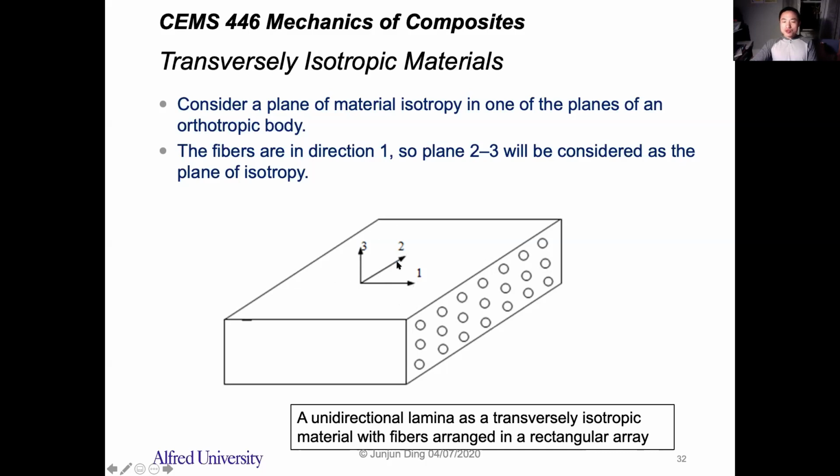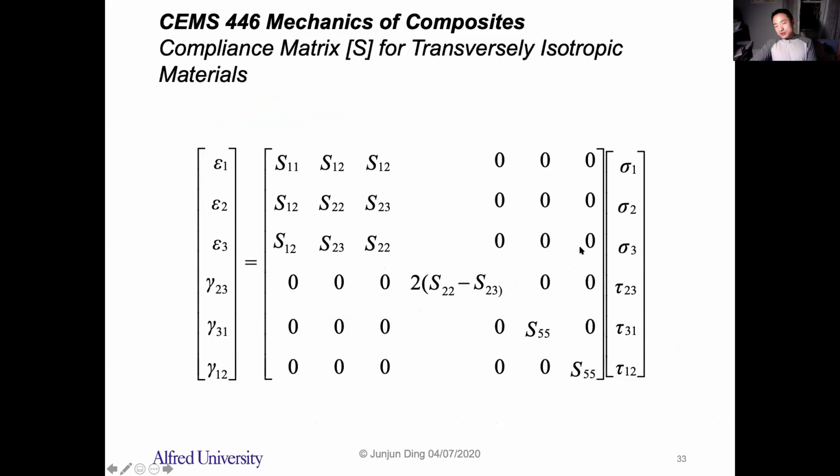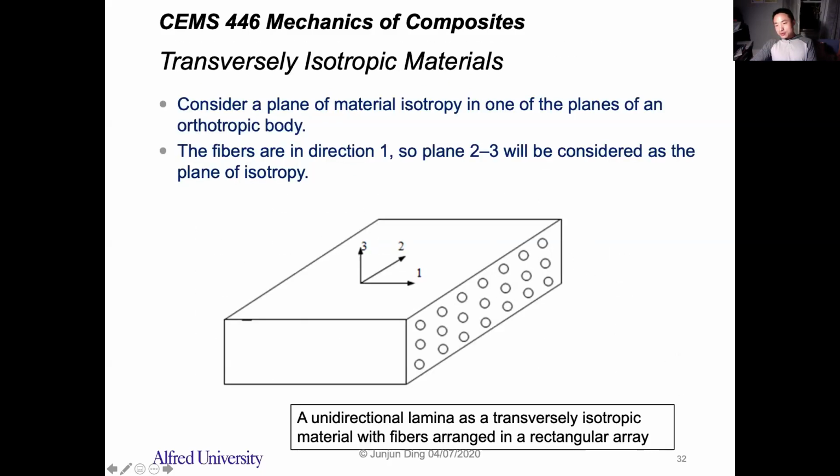In the plane of 2, 3, right? If you have a cross section of 2, 3, so this is a cross section of 2, 3, in the 3 and 2 direction you actually have the same. This is the 2 direction, this is the 3 direction.